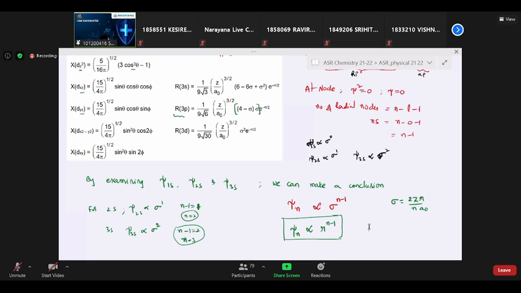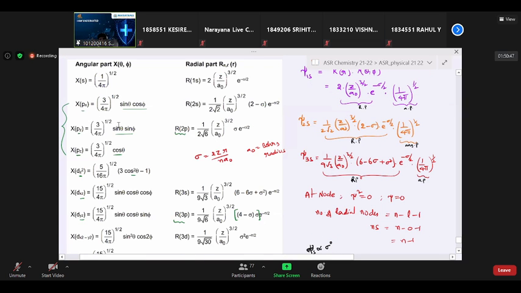Psi n is proportional to r power n minus 1. All s orbitals do not depend on theta and phi, but p orbitals depend on theta and phi. See the stable way again: px, py, pz. In the function, if you have only cos theta, that will be pz. Identify the principal quantum number first.